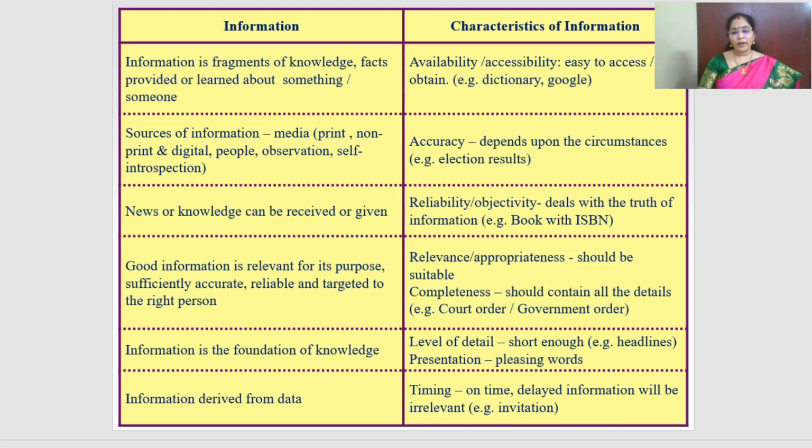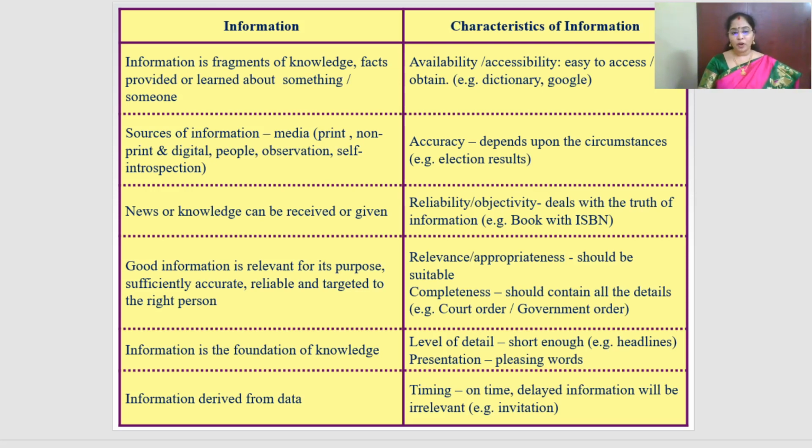Let's focus on information and characteristics of information. As we have seen already, information is the fragments of knowledge or facts which are provided or learnt about something or someone. There are many sources of information. With regard to media, print media, non-print media, digital, people, observation, even through self-introspection, we gain all the information.